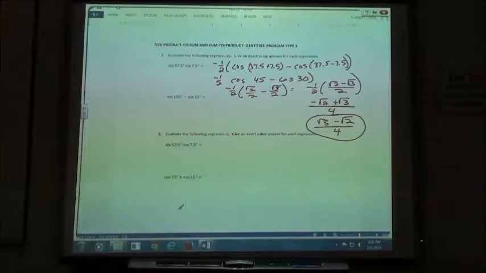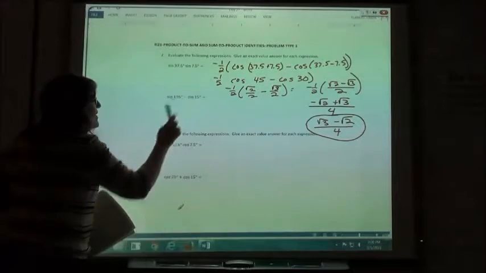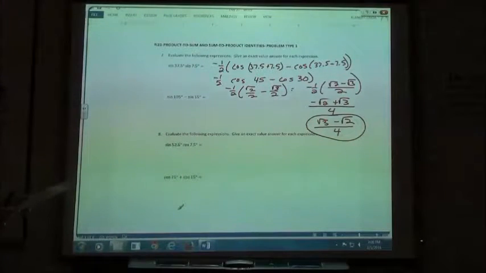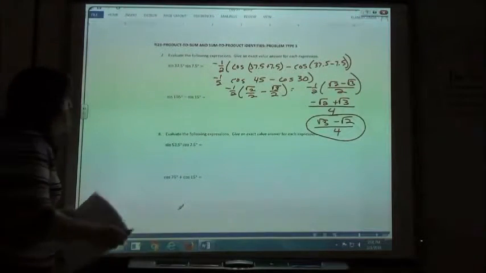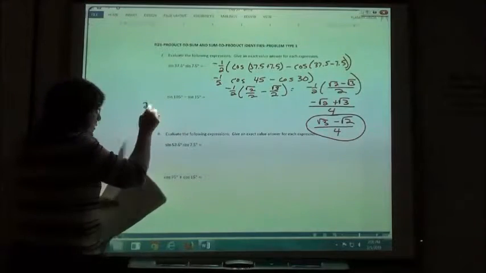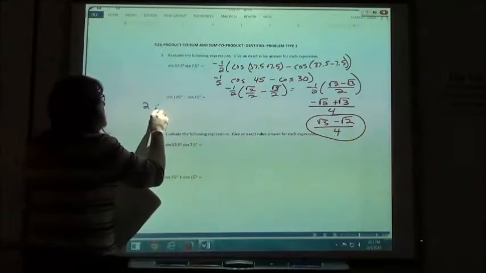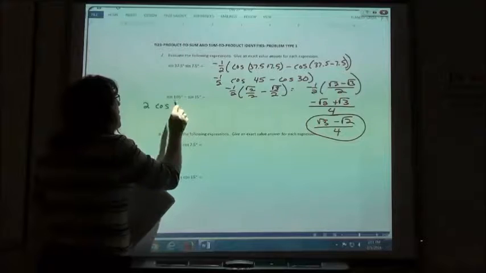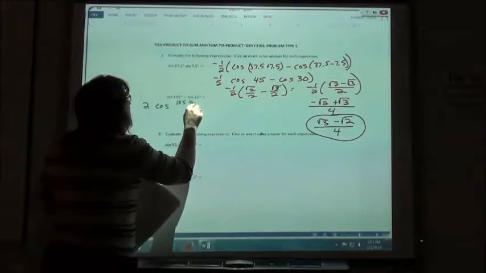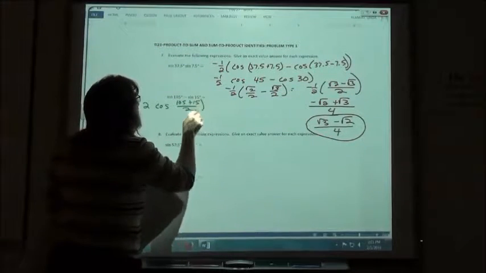The sine of 105 minus the sine of 15. So here we're doing the sine minus the sine. We're looking at the second group of formulas we have where we change it to a product. So it's going to be 2 cosine of 105 plus 15 over 2.